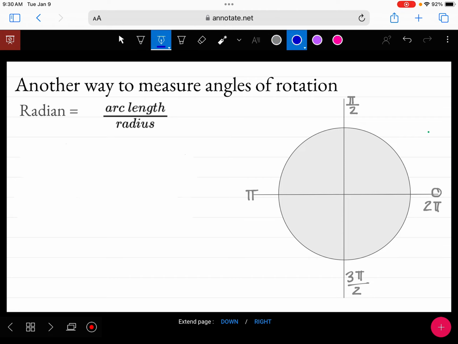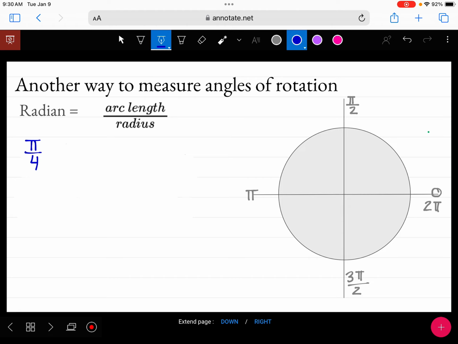So the first one we're going to do is find pi over 4. In the middle of the pi over 2, right in between these two, because if this is pi over 2, pi over 4 is going to be about halfway.